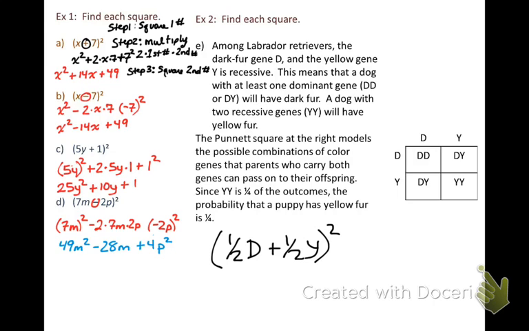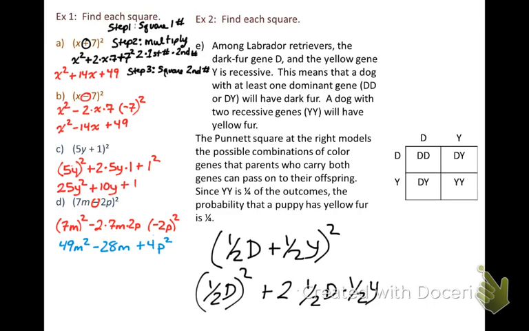So we are going to do all the math for it like we did on example 1. You're going to take the first one, 1/2 D, and we're going to square it. And then we're going to go 2 times 1/2 D times 1/2 Y.